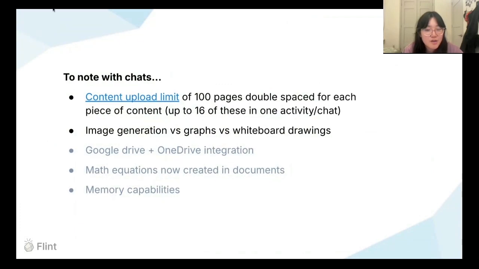Yeah, and a couple things to note about chats before I dive into some actual examples of how to use them. There's a content upload limit of about 100 pages double spaced for each piece of content that you want to upload into Flint. So for example, if you're uploading a reading or parts of the textbook or a website that you want Flint to help you analyze, you might run into issues where it says this is too big of a file.